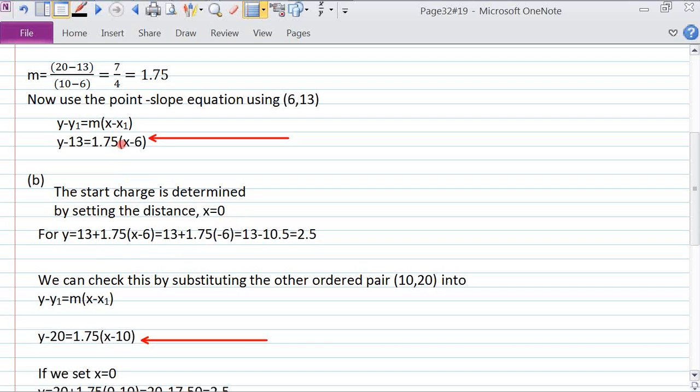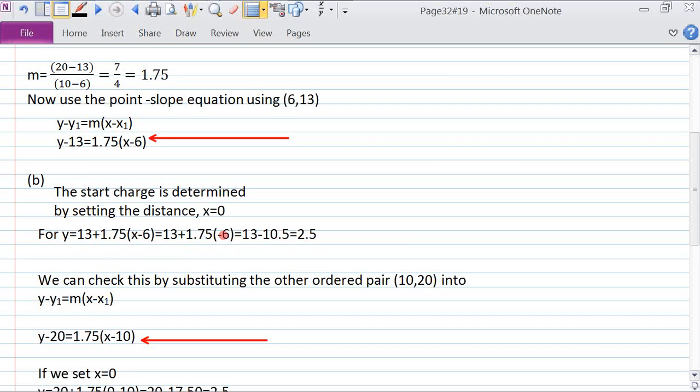So now what I'm going to do is take this equation here and substitute 0 for x. I've transposed the 13 from the left to the right. That's all we've done. That's why this is over here. And now I'm going to substitute 0.